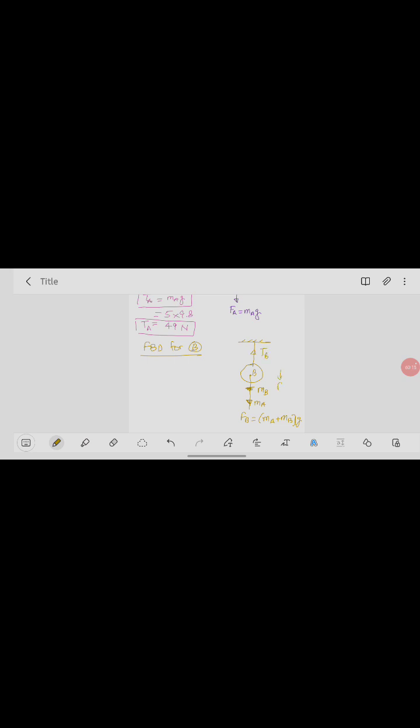The F net is balanced, so F net is 0. There is no motion. So how will you apply it? Take this as plus, this as minus. So what will you get? TB minus MA plus MB multiplied by G, correct, equals 0. So TB equals MA plus MB into G. What is MA? 5 plus 5.